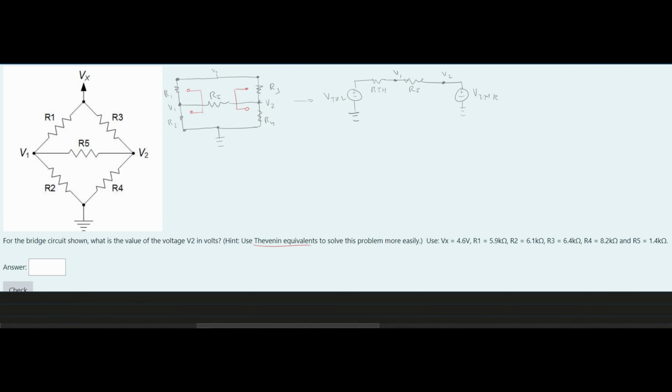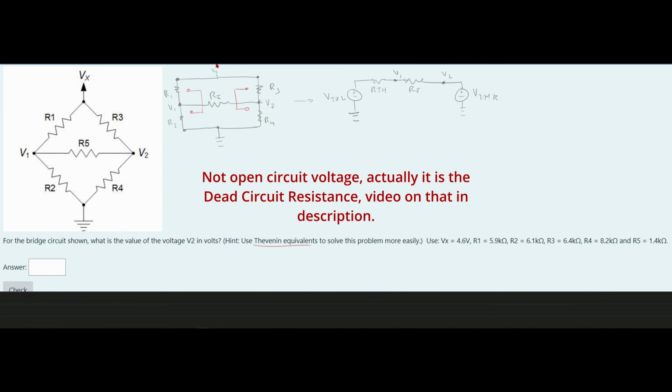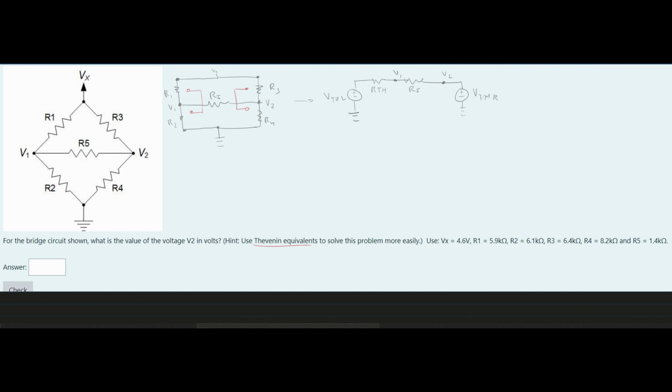Now, we are not looking at the top, because we've made Vx equal to 0. And so now we are looking at these resistors, which we can see are in parallel. Once we make this 0, which is the open circuit voltage, all we need to do is look at what we have here, and we can do that because it's the Thevenin equivalent.